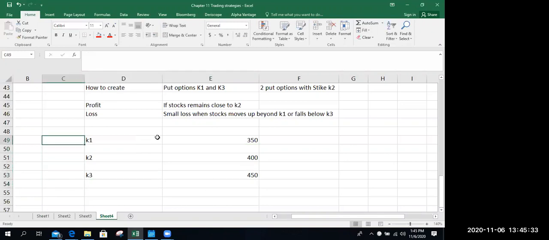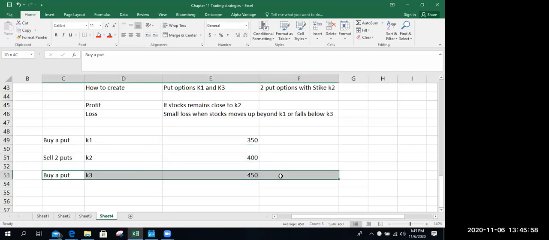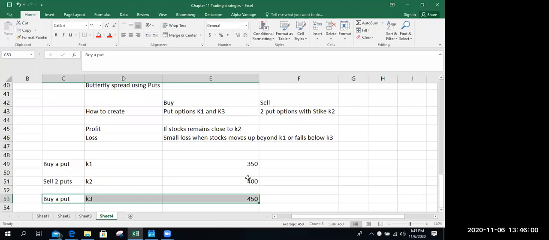So what will you do? Buy a put at 350, sell two puts at 400 and buy a put at 450.